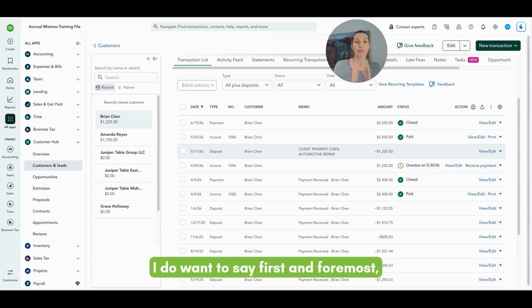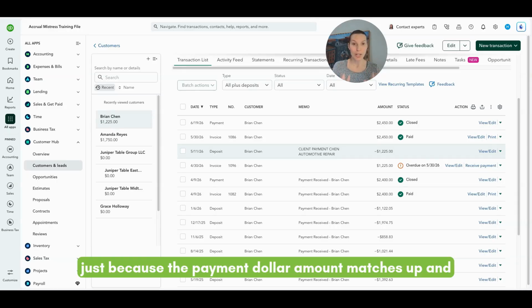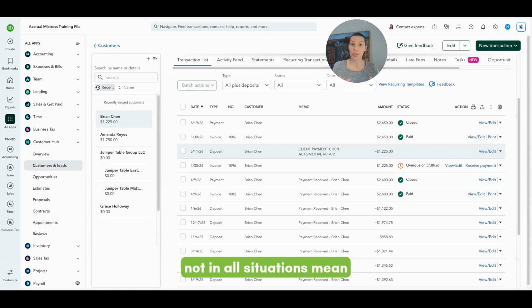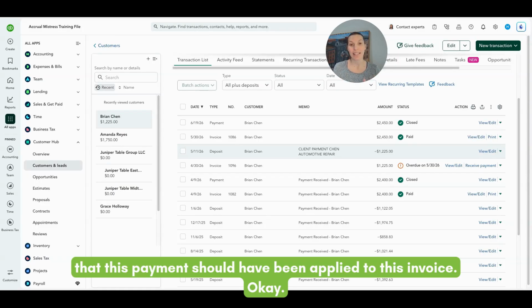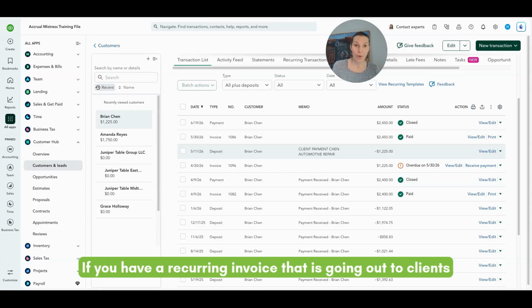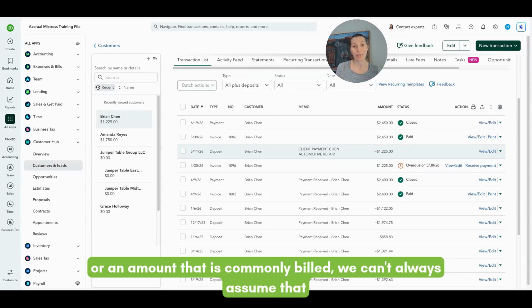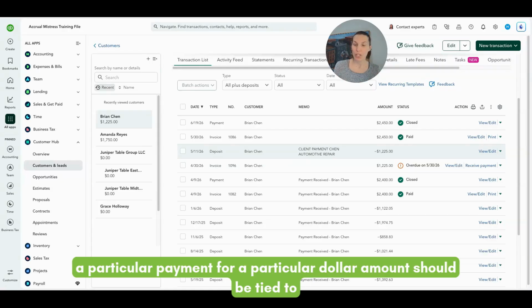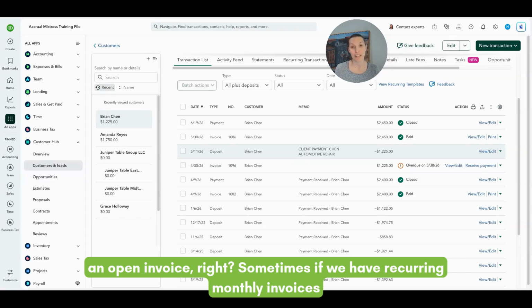I do want to say, first and foremost, just because the payment dollar amount matches up and it happens to be in roughly the same time period does not in all situations mean that this payment should have been applied to this invoice. If you have a recurring invoice that is going out to clients or an amount that is commonly billed, we can't always assume that a particular payment for a particular dollar amount should be tied to an open invoice.